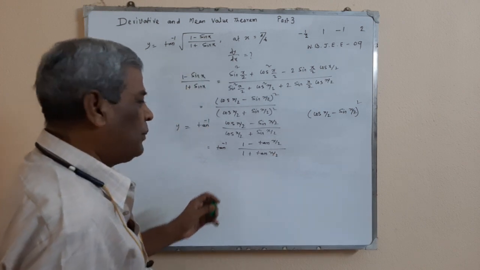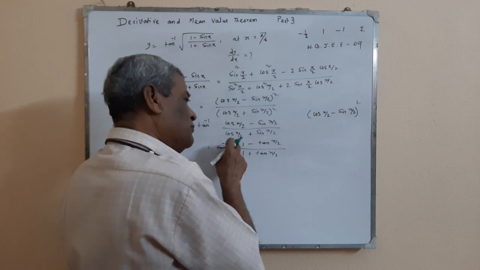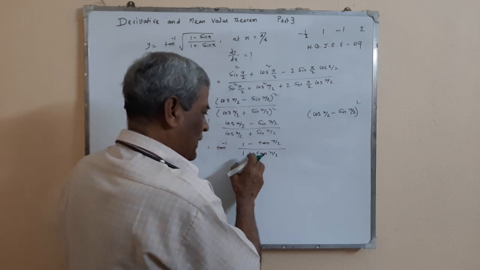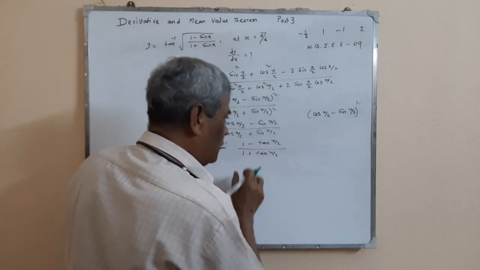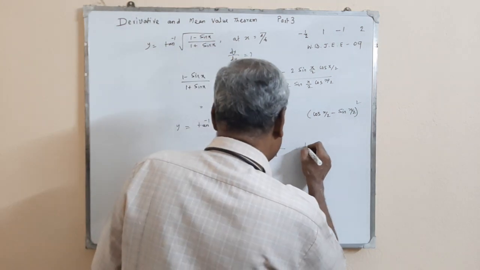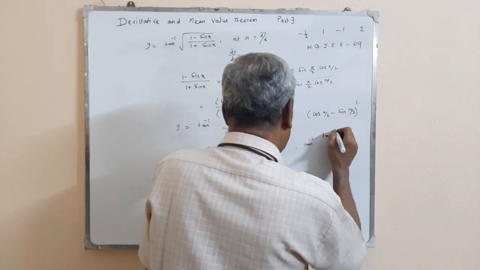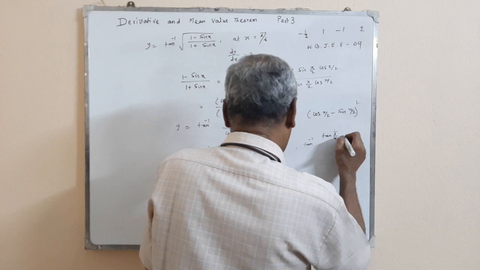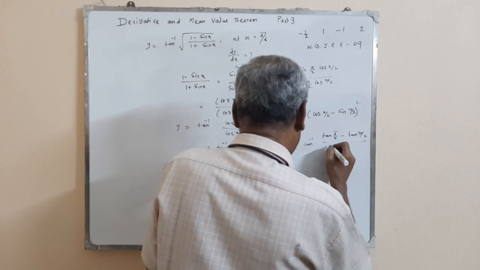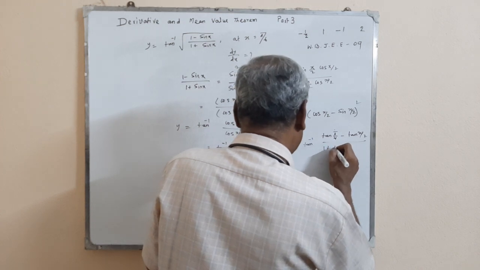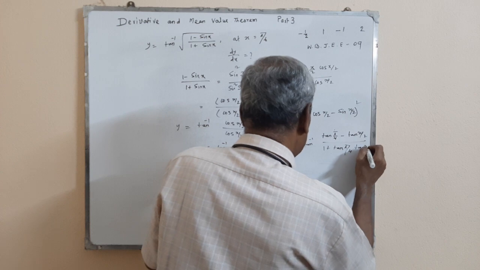Just now we did one problem, and it is equal to taking this as tan pi by 4. 1, meaning 1 plus 1 into that, is also tan pi by 4, so that it can be written as tan inverse of tan pi by 4 minus tan x by 2 by 1 plus tan x by 2.